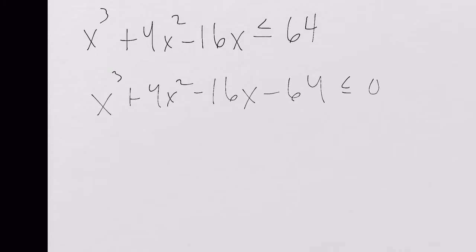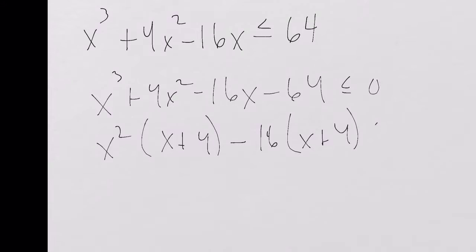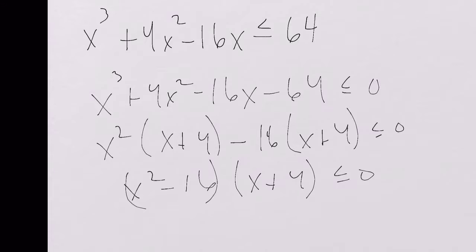And so this I can probably factor. I could factor an x squared out of that first bunch, and I could factor out, looks like, a negative 16 out of the second bunch. So I could see x squared minus 16 times x plus 4 less than or equal to 0.